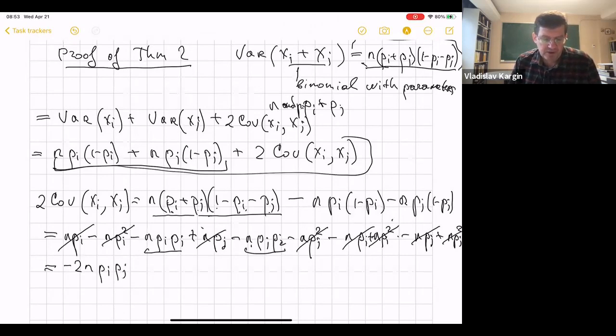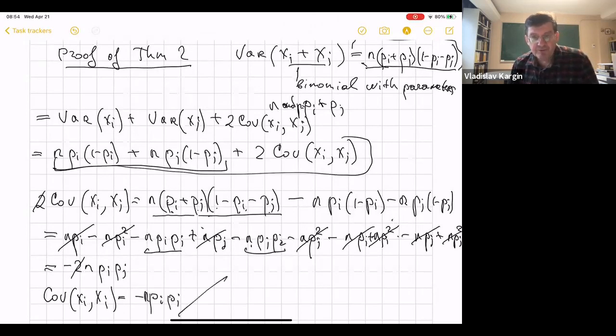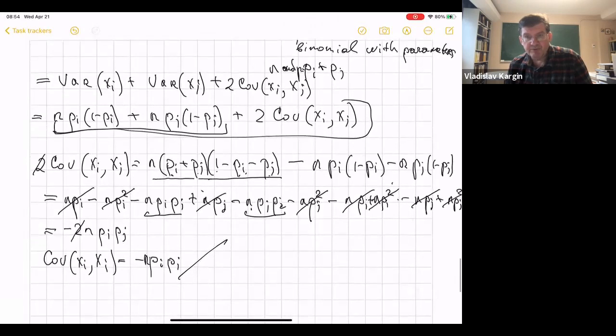And if we cancel the 2 here, then we will get that the covariance of xi and xj is equal to minus n pi pj, right? Which is what we wanted to prove. And so this is the statement of theorem 2. Okay.